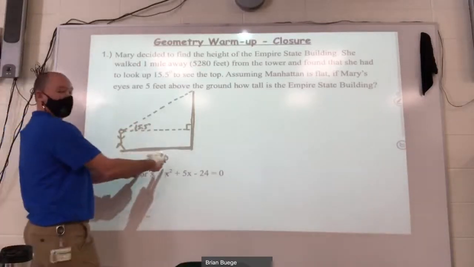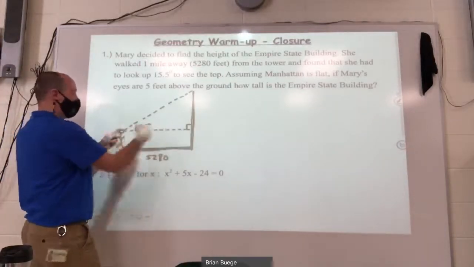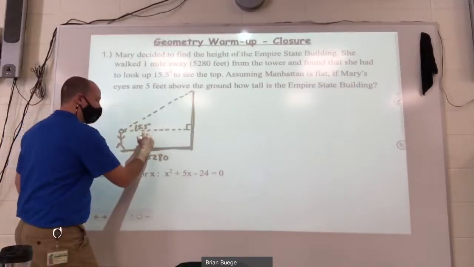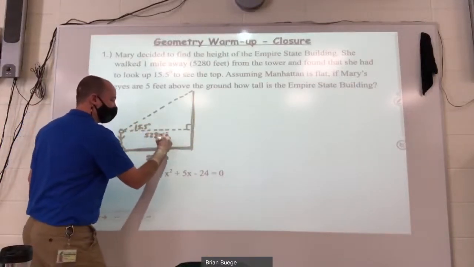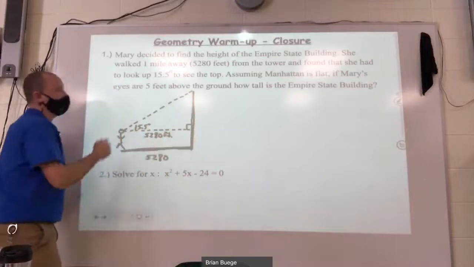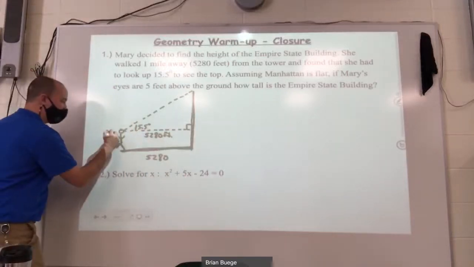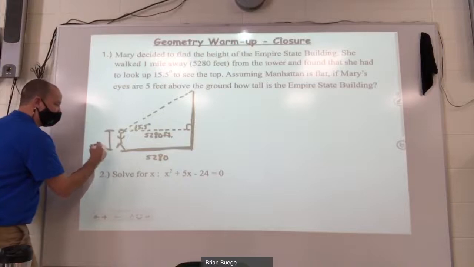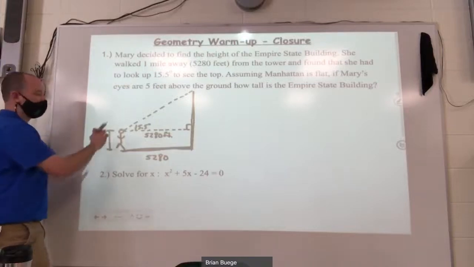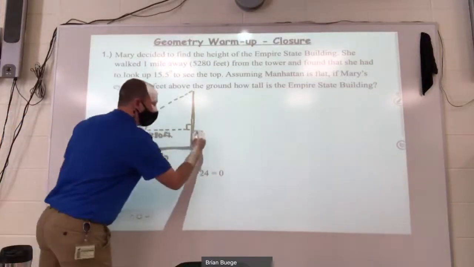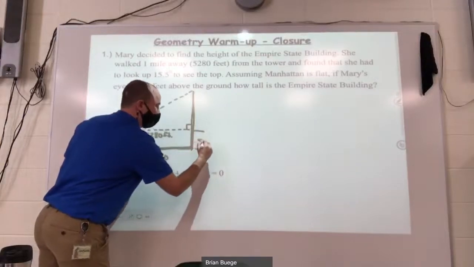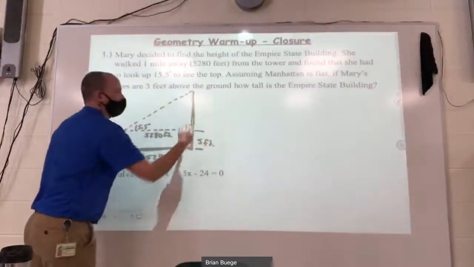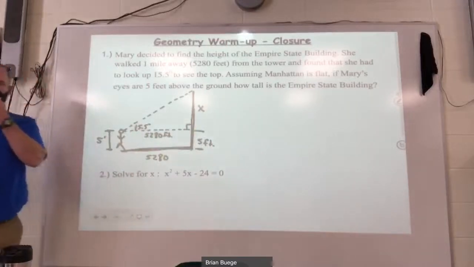And then same thing here, 5,280, we can slide that up, whether it's from her eyes or from her feet. She's still 5,280 feet away. And it tells you that her eyes are 5 feet above the ground. So that is 5 feet, which means from here to here is also 5 feet. And what we're looking for is that piece right there.